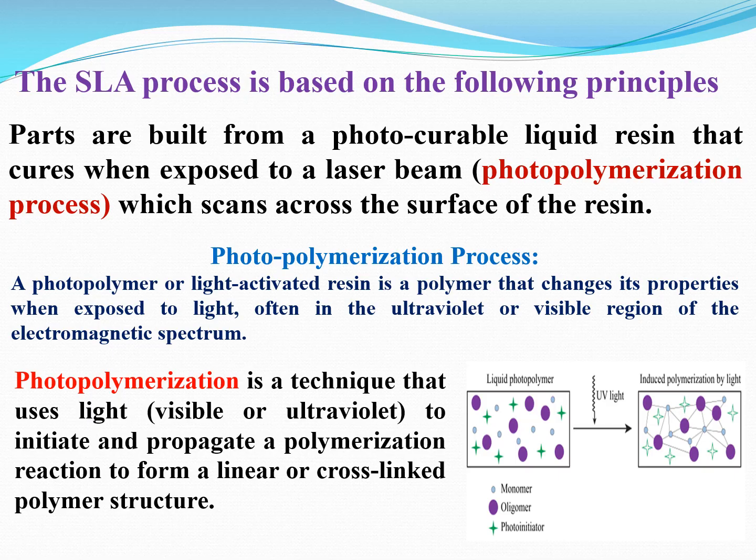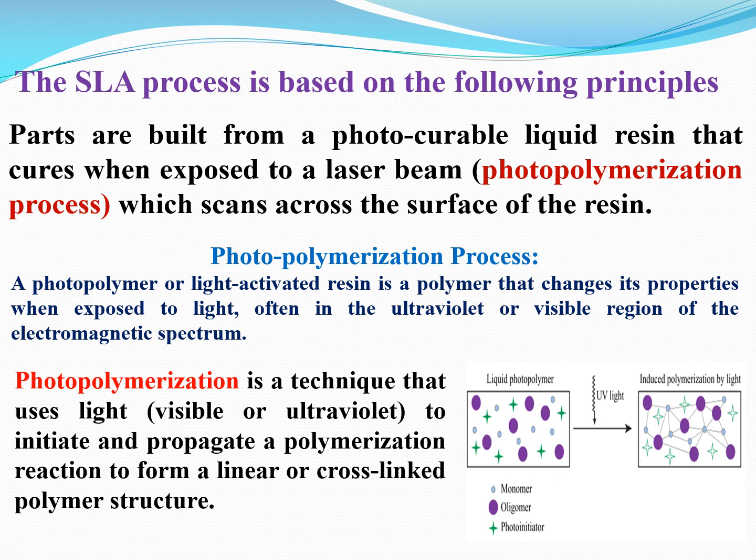Photopolymerization is a technique that uses light, which may be visible or ultraviolet, to initiate and propagate a polymerization reaction to form a linear or cross-linked polymer structure.